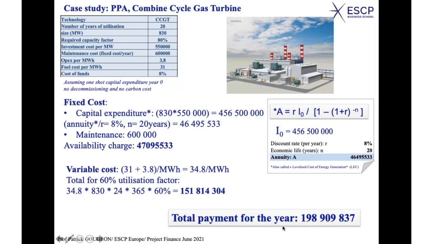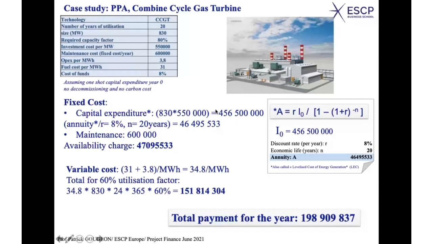That includes both the availability charge as well as the cover of the variable cost. And you see that this cost depends to a certain extent on the rate you use for the annuity. In other words, the cost of funds, the return for the investors, which would include the cost of debt, as well as, for a certain proportion, the cost of equity.